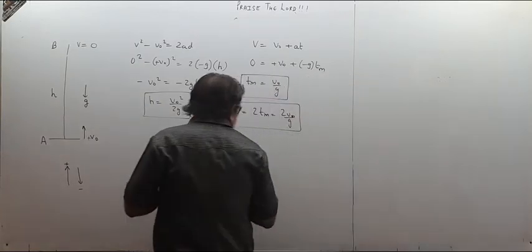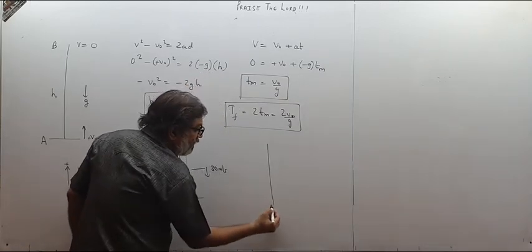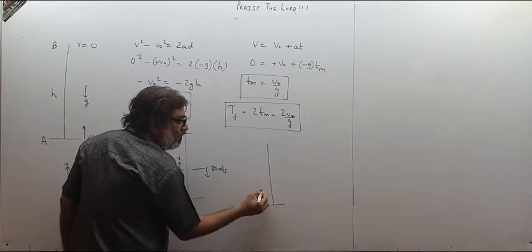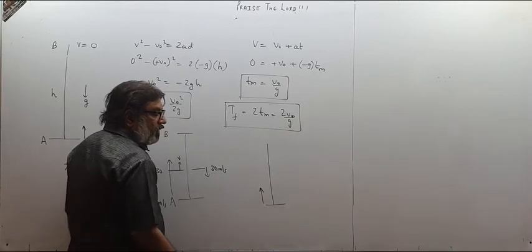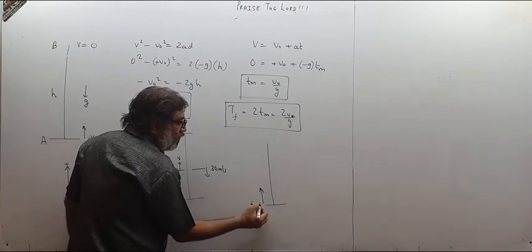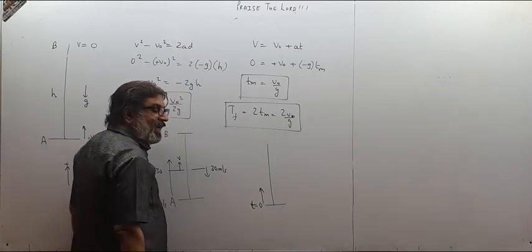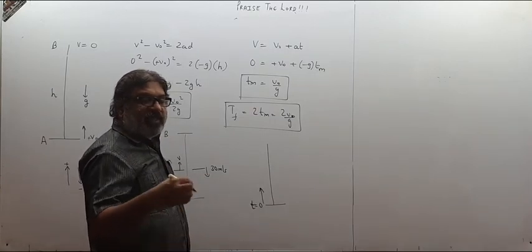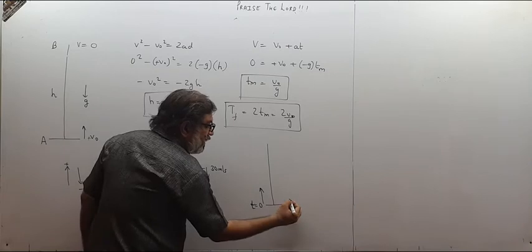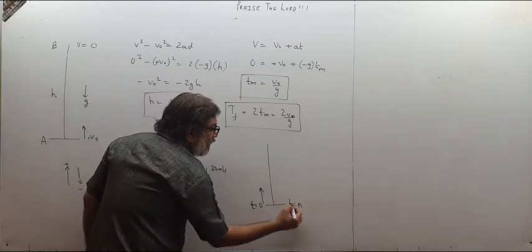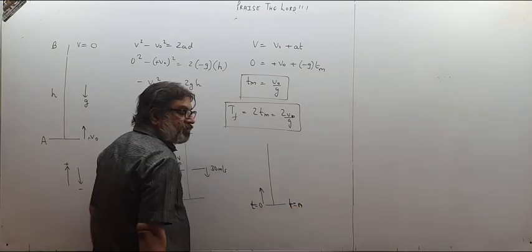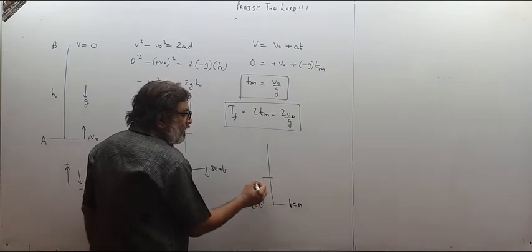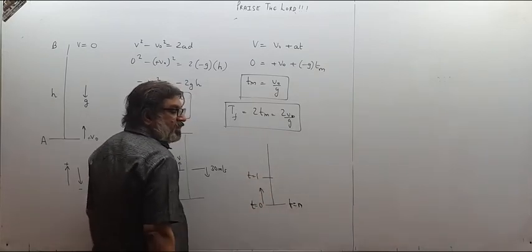Also, please note about this motion that supposing I am throwing a stone from here with a speed of Vo. This is the time t equal to 0. And supposing in n seconds it comes back. In n seconds, it can be 10, 20, whatever. So this will be the time t equal to n because it has taken total n seconds to come back. Now this is 1 second, so this will be t equal to 1 second.